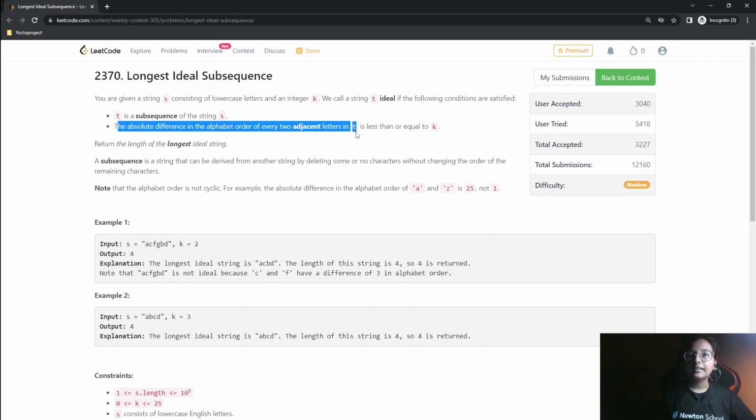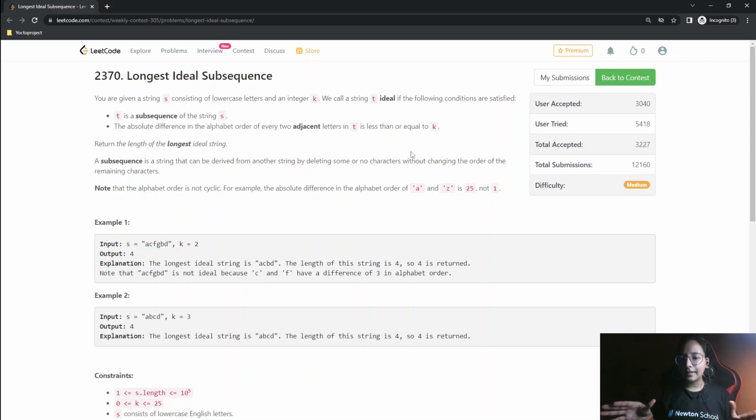Somehow you can see that it is the longest ideal subsequence. Could we call it a DP question which was somehow similar to this? It was the longest increasing subsequence, right? Here, instead of increasing, they have put it as ideal. So there is a little bit of modification in the longest increasing subsequence.